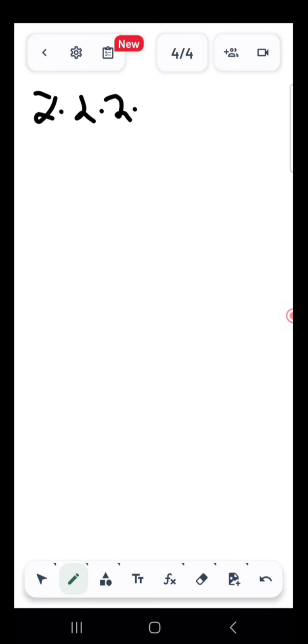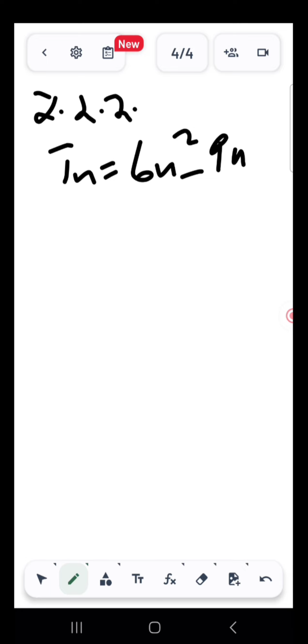To show that the general term, or the nth term, of the quadratic pattern is Tn equals 6n squared minus 9n plus 6.